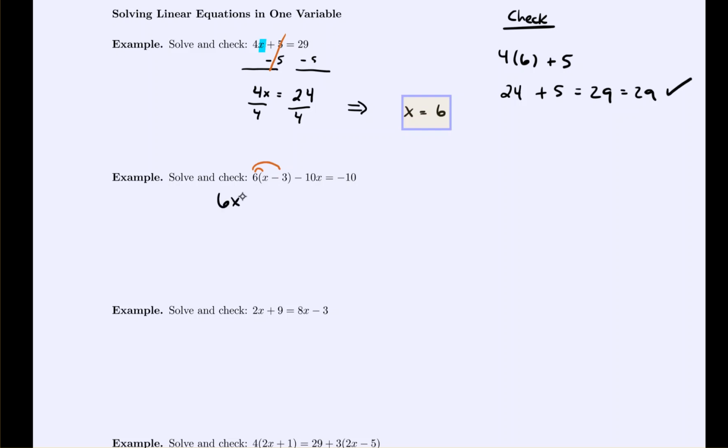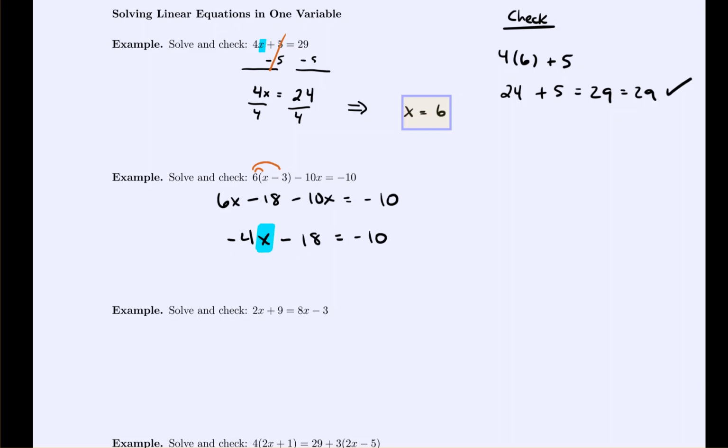And that would give me 6x minus 18 minus 10x equals negative 10, and now this left side can be simplified, specifically 6x minus 10x would collapse to just be a negative 4x minus 18 equals negative 10, and now that the left side is fully simplified, I can start to solve for x.